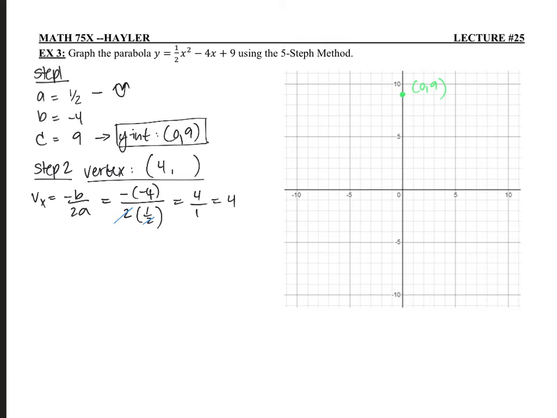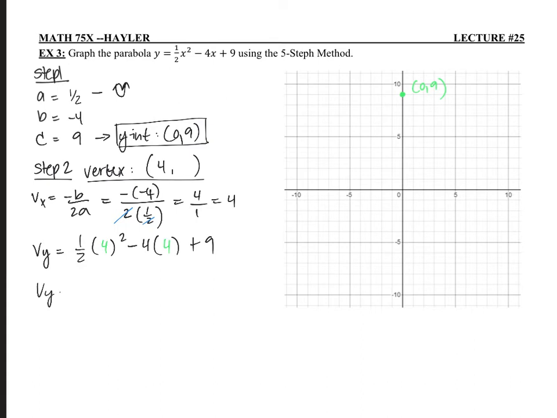Let's go ahead and find my y value. How do I find my y value? Well, remember, that always is from our equation. So if you said y is going to equal a half times my x value, inputting my v sub x value, multiplying that out by 4, and what do we get?